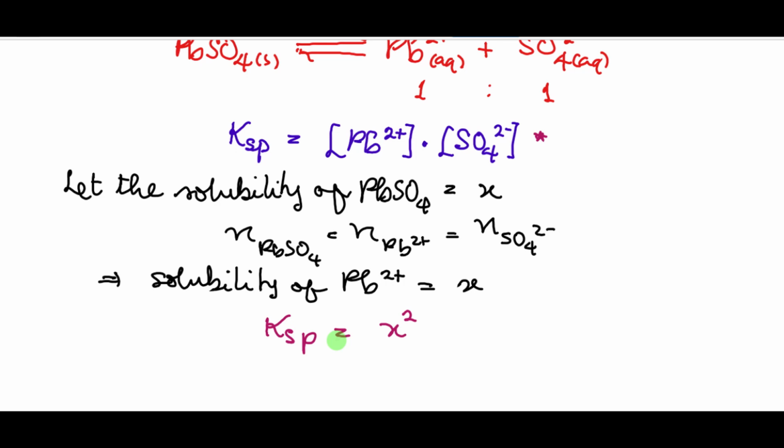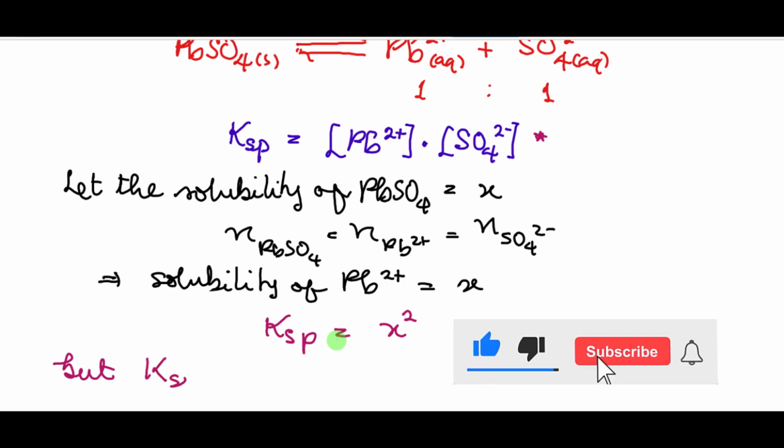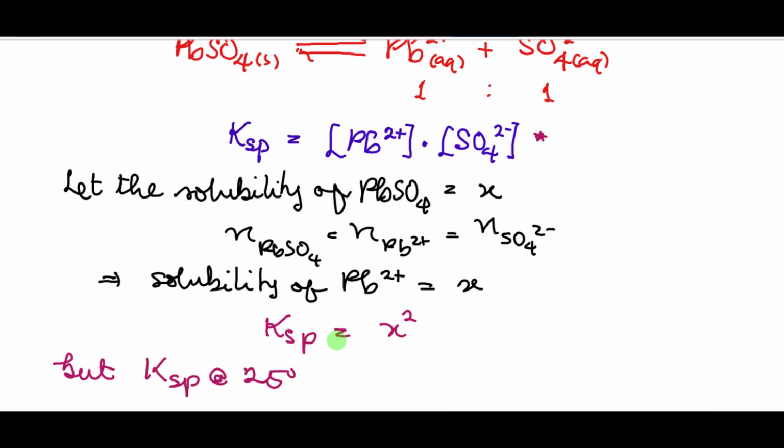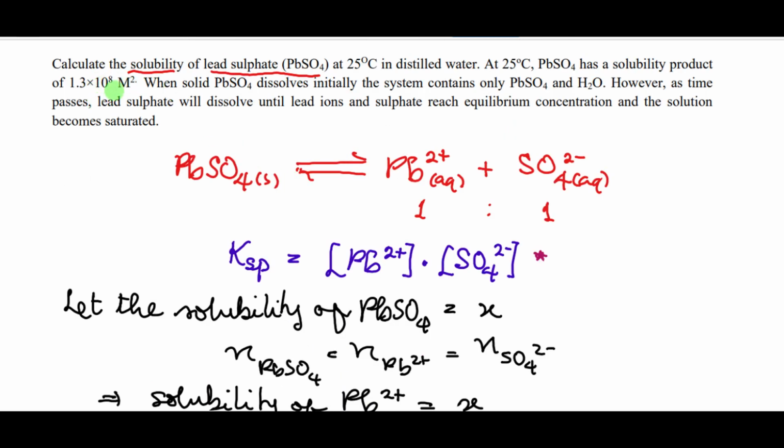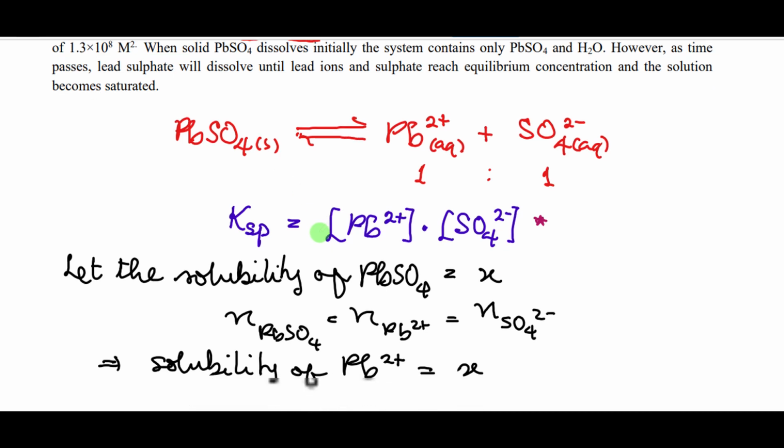But we are told that the value of the Ksp at 25 degrees Celsius given is what? 1.3 times 10 raised to the power 8 molar squared.